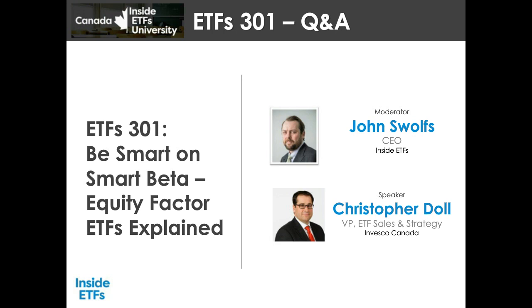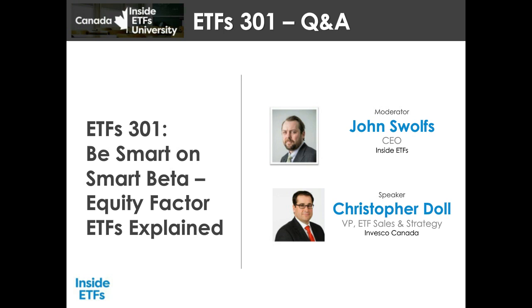Generally, it's pretty clear and easy to follow, but what you're looking for are the selection criteria, the starting universe, the weighting mechanism, and the rebalance frequency. Those four key variables will determine whether or not the strategy will add value over time.